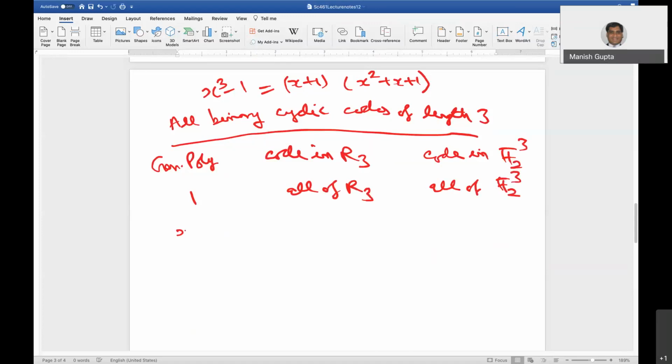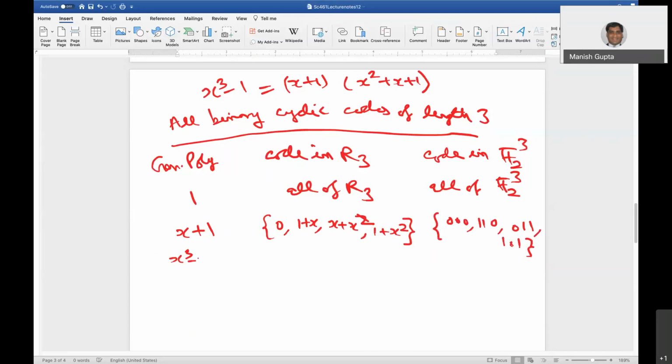When we take the generator polynomial as x plus 1, we get the code in R3 as 0, 1 plus x, x plus x square, and 1 plus x square. We saw this example earlier. In terms of binary, we get 000, 110, 011, and 101. Right?